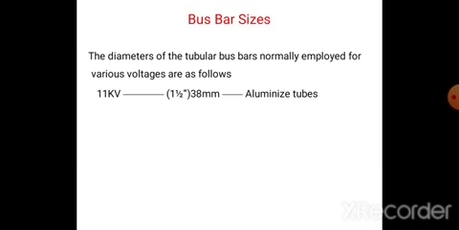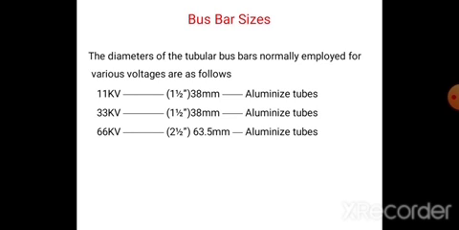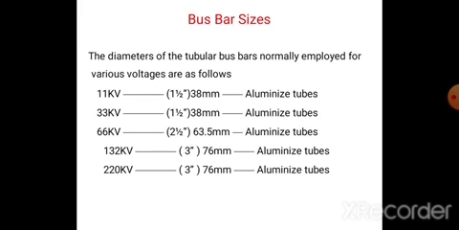For an 11 kV line, the bus bar size is 38 mm aluminized tube, and for 33 kV, 38 mm. For 66 kV, 63.5 mm. For 132 kV it is 76 mm, and for 220 kV it is 76 mm.